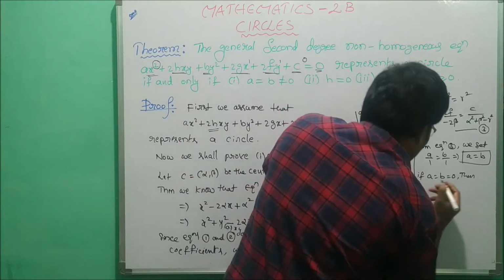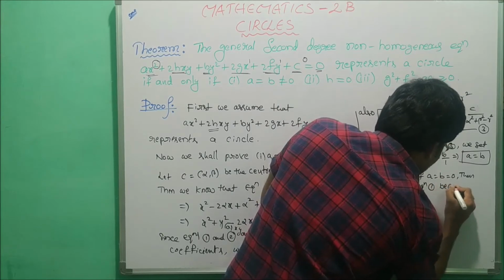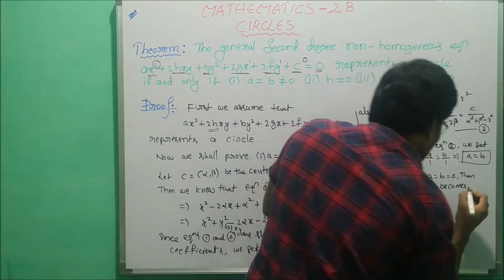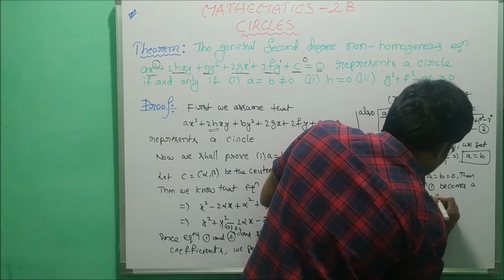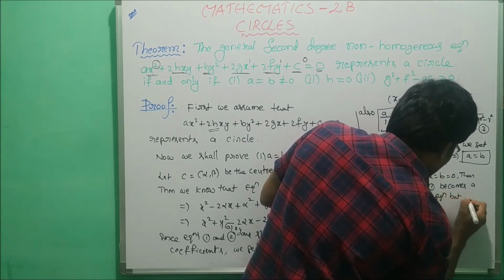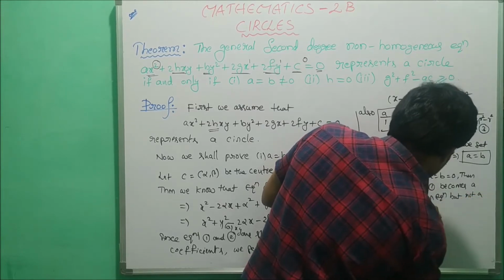So if a equals b equals 0, then equation 1 becomes a linear equation, but not a second degree.